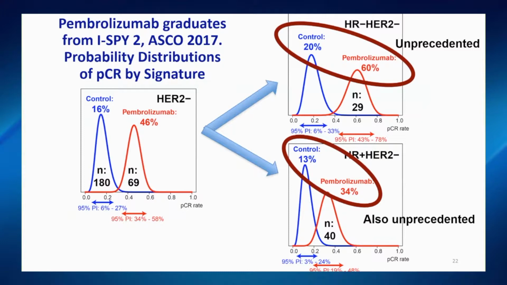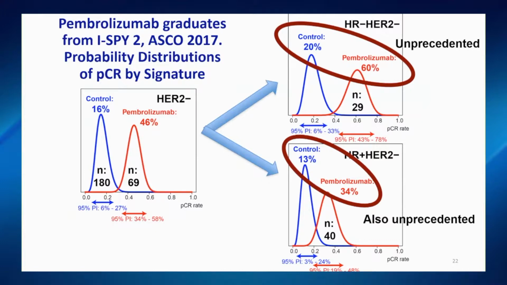The lower right is a very difficult disease to elicit PCRs, as you can see. The control arm, which is paclitaxel followed by anthracycline and cyclophosphamide, is only 13%, and 34% on pembro.